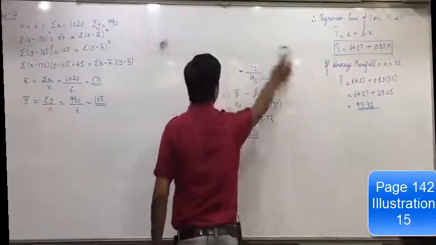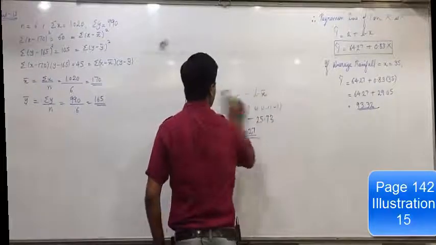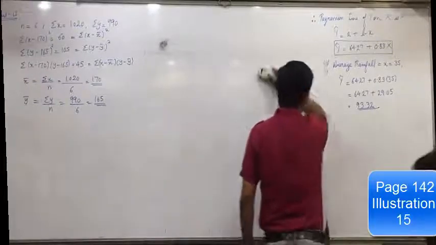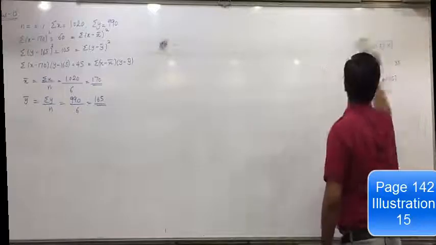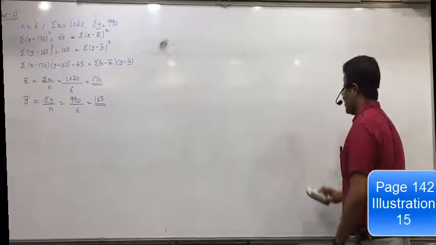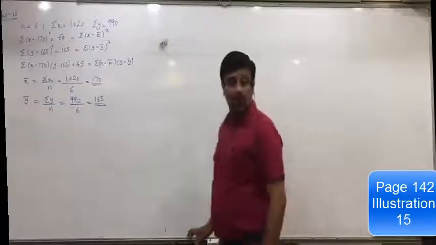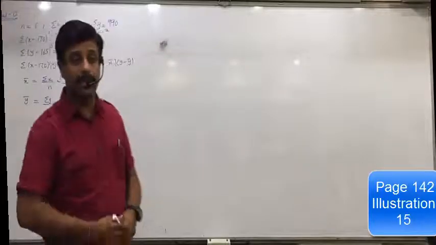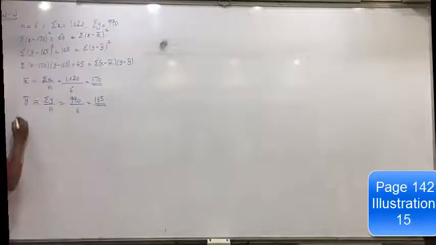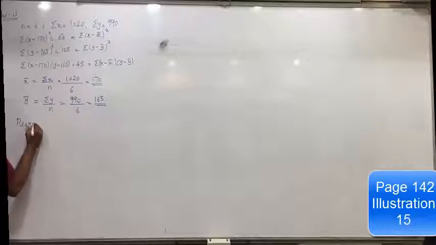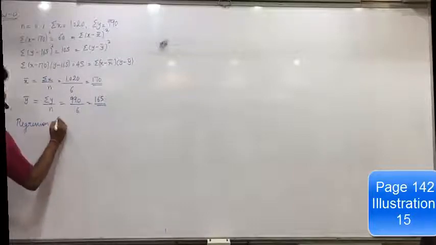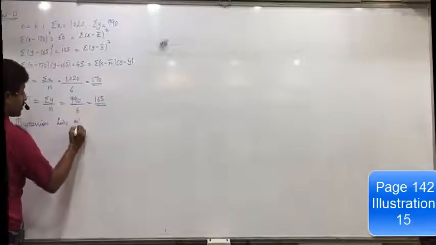Now, further how will we proceed? B equals sigma x minus... Directly B. No statements, no pattern. Regression line. Tell me. Regression line of y on x.